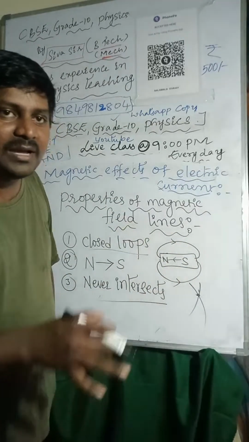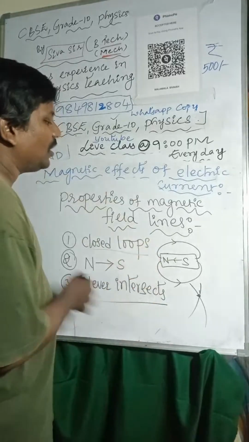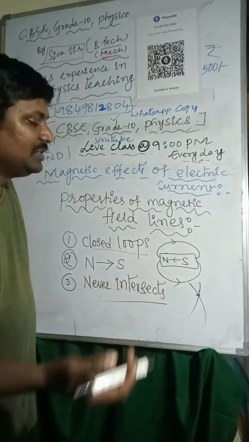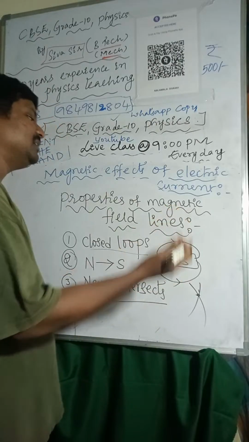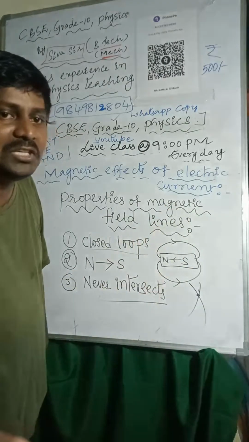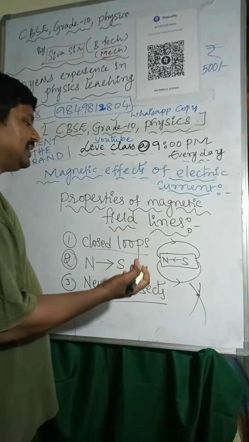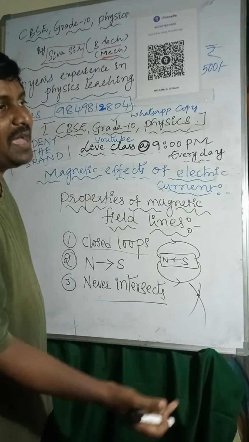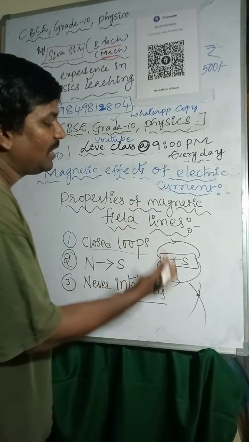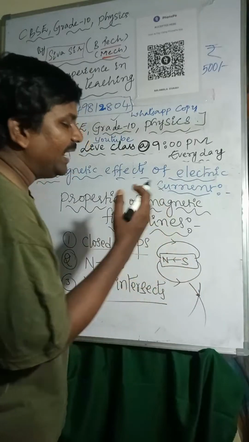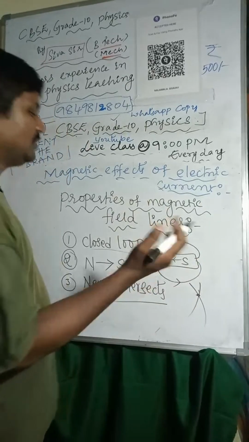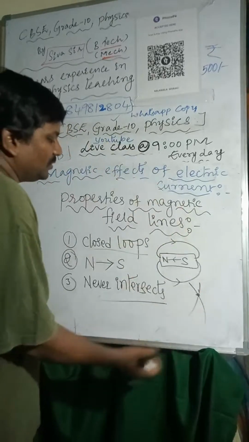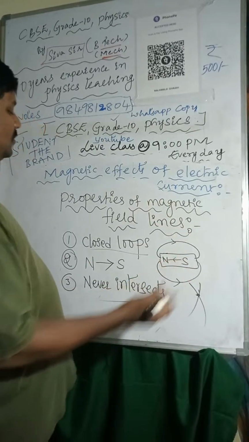Who said so? The magnetic compass is giving the direction. Outside the bar magnet, magnetic field lines are north to south. Inside the bar magnet it is south to north.